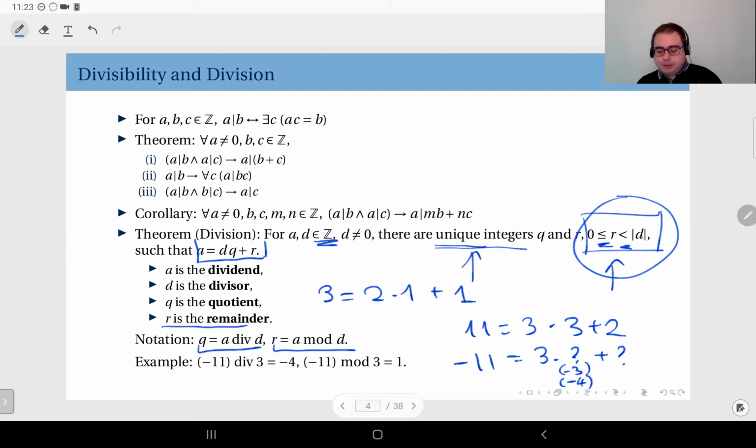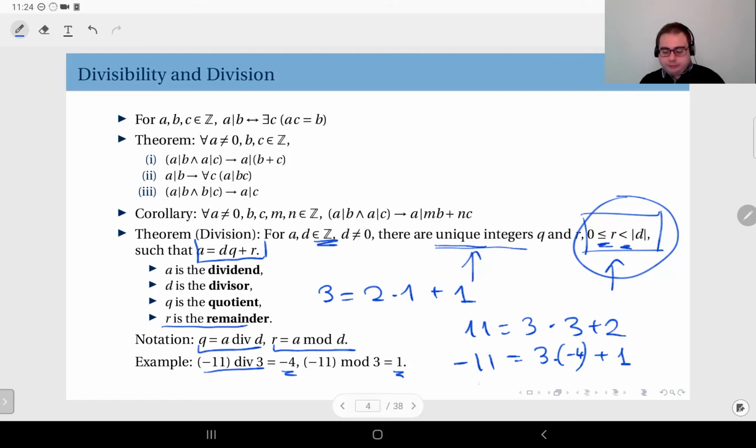Therefore, if you put minus 3 here, you need to have minus 2 here, which makes the remainder negative. So you don't put minus 3 here. This should be minus 4, and the remainder should be 1. Therefore, minus 11 divided by 3, you get minus 4, and the remainder is 1.